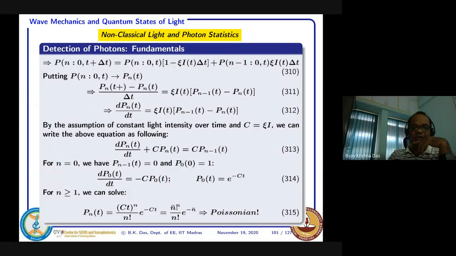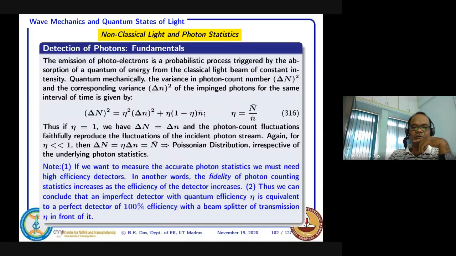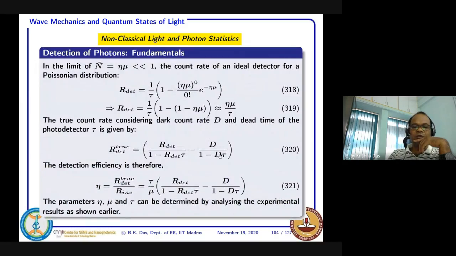So to find zero photons, to detect a zero count, instead of n bar we are writing capital N bar. So the probability is (eta mu) to the power 0, by 0 factorial, times e to the power minus N bar, where capital N bar means eta mu. So this is the probability of getting 0.